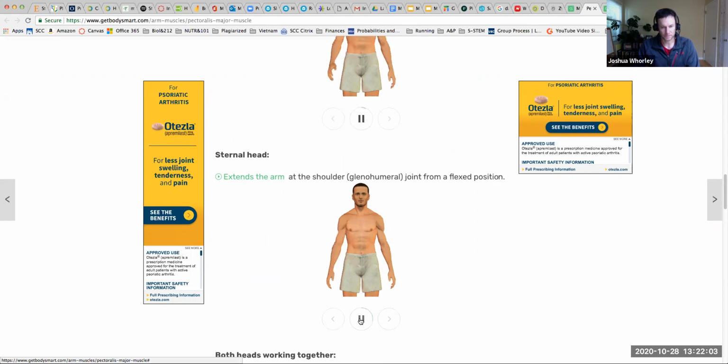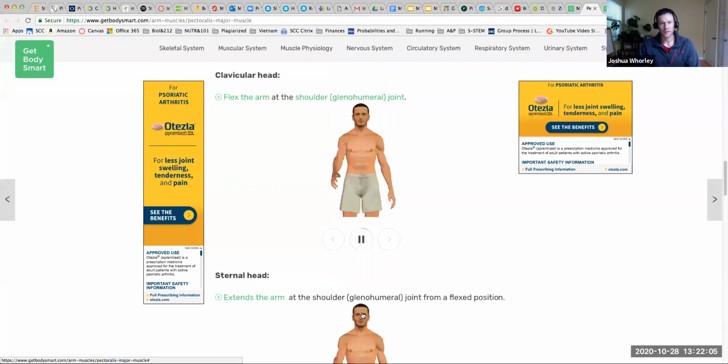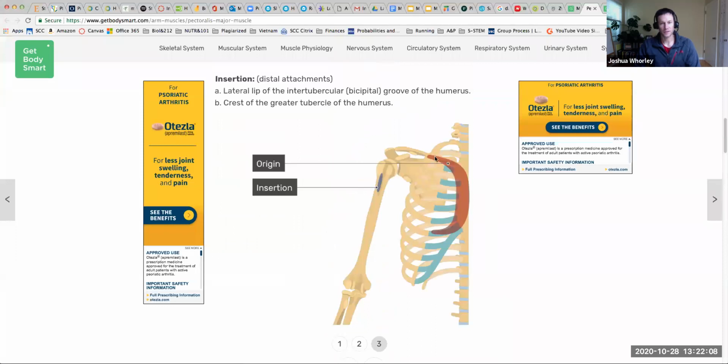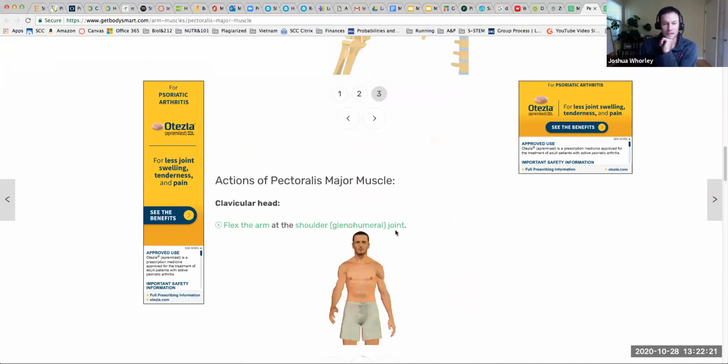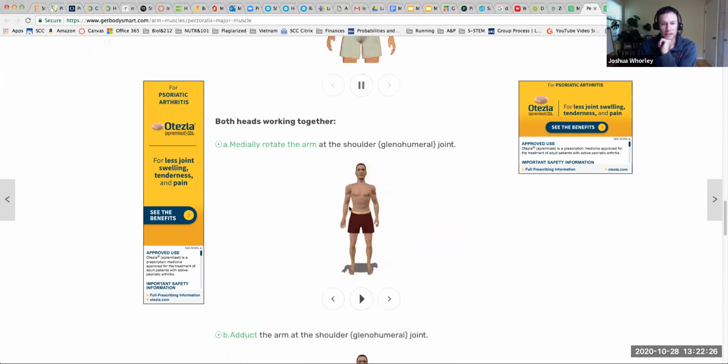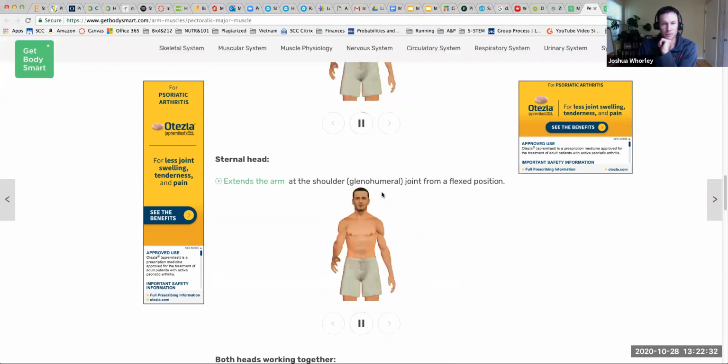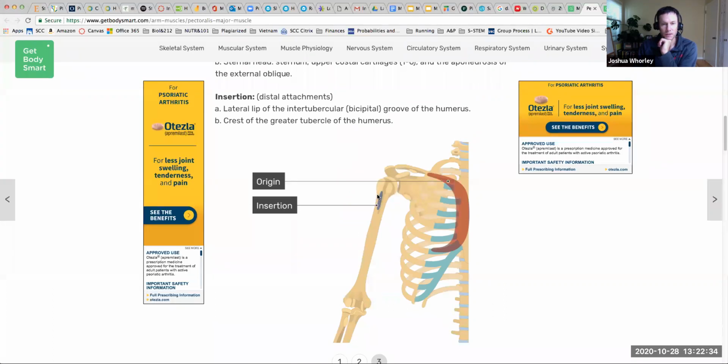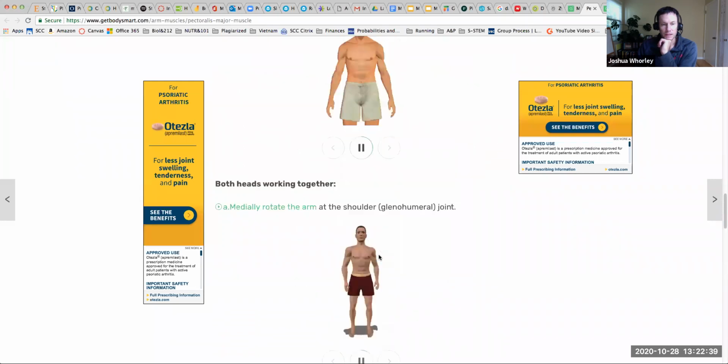Because of this big fan shape, because it has muscle fibers going in many directions, it can both contribute to pulling it up when these fibers fire, as well as contribute to pulling it back when the alternative fibers fire. And then if they both work together, it rotates the arm medially. So there's medial rotation of the arm because they'd both be pulling on this at the same time, rotating that inward.